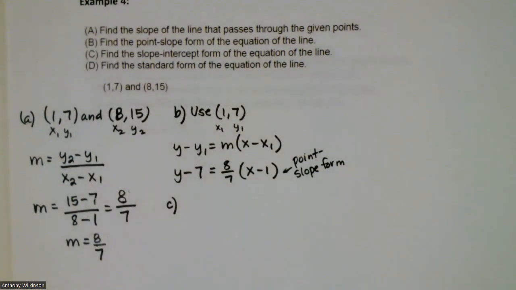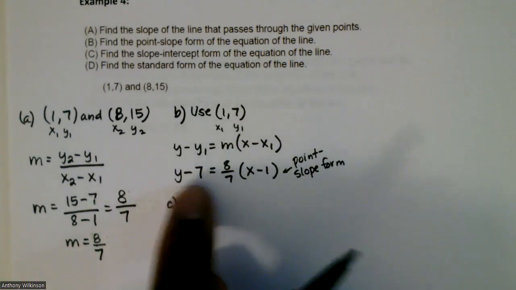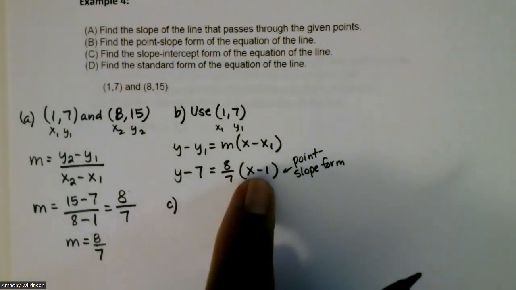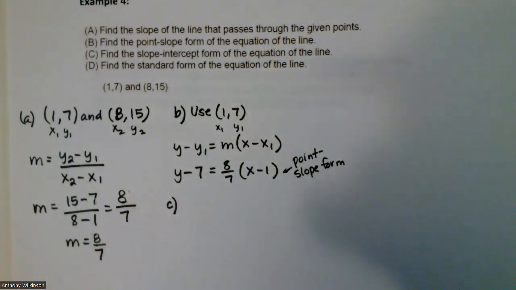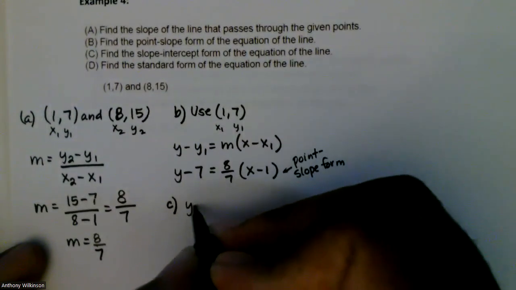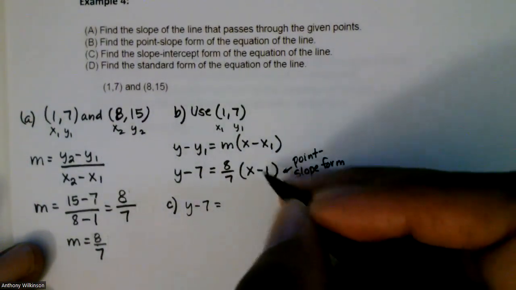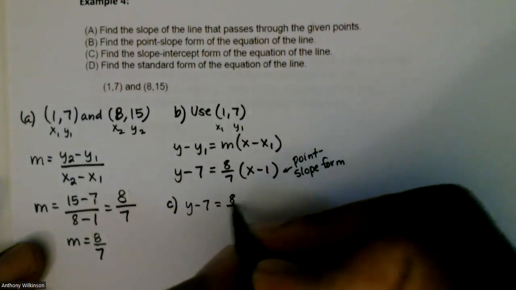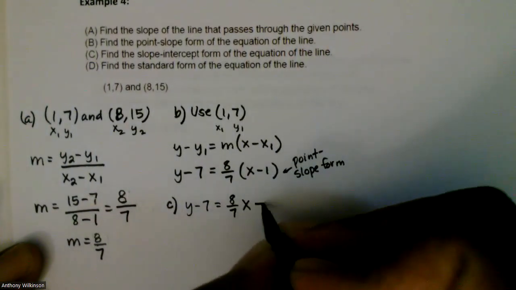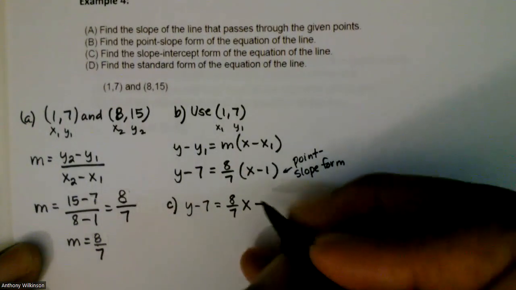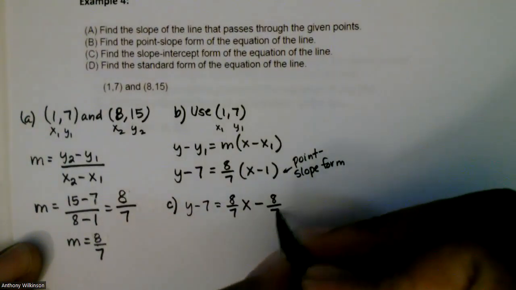Now here's part C. Is to find the slope-intercept form of the equation of the line. Well, in this case here, I will take this and just simplify it a bit. So I'm going to bring down the y minus 7, and that's equal to, distribute the 8/7 over the x minus 1. This will be 8/7 x minus 8/7 times 1 over 1 is 8/7.